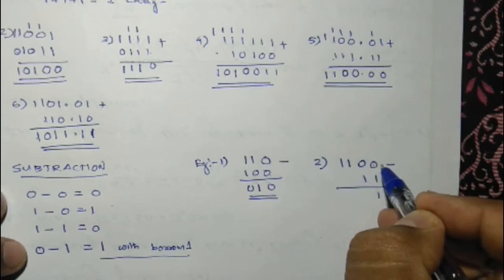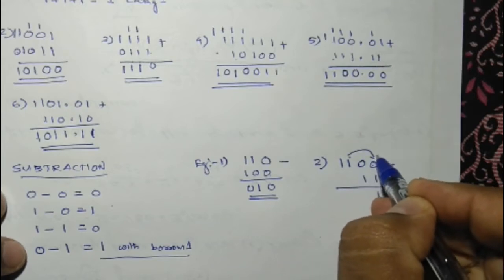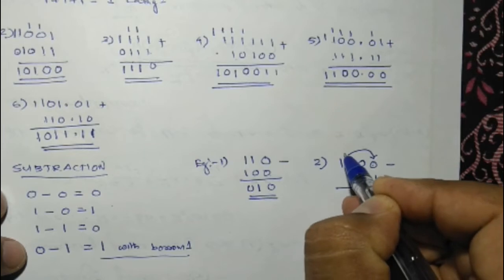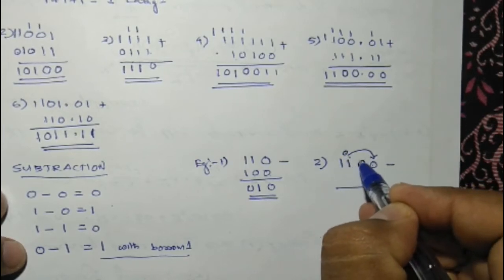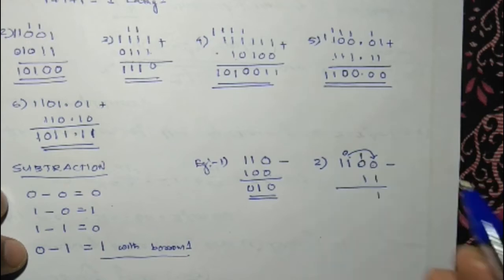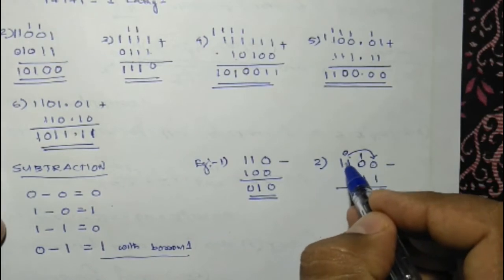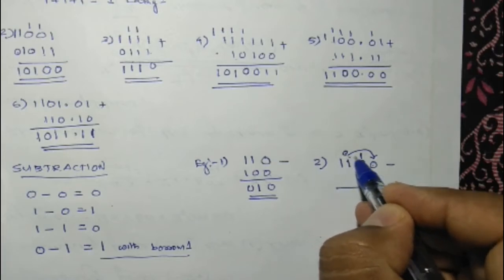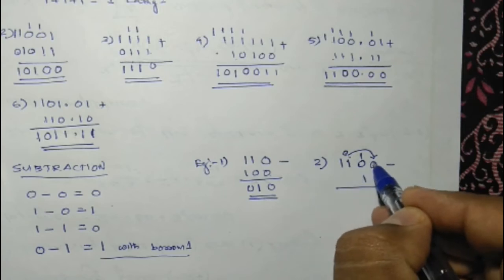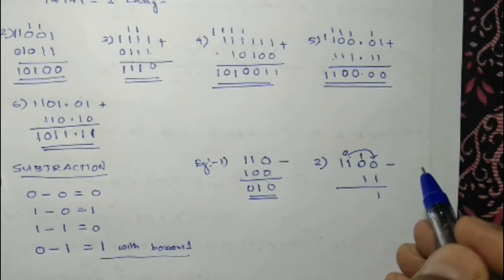So we are going to borrow from this place to this place, which makes this 1 a 0 and the 0 in between a 1. So this is what happens when you borrow from the next nearest one. That nearest one becomes 0 and all the zeros in between become 1. That is what happens when you borrow.